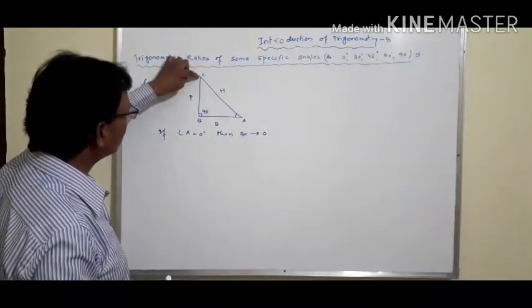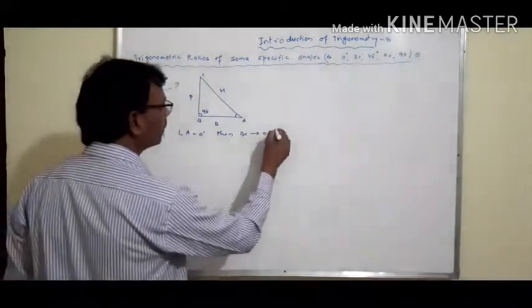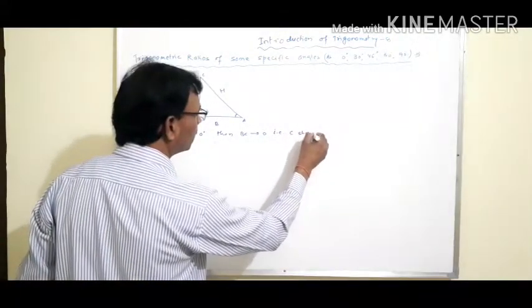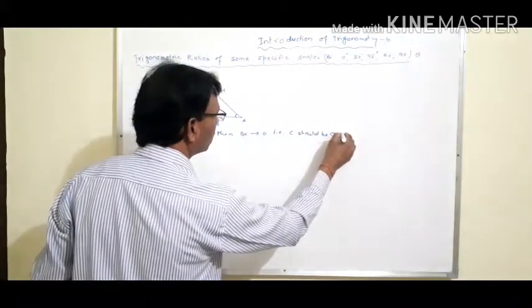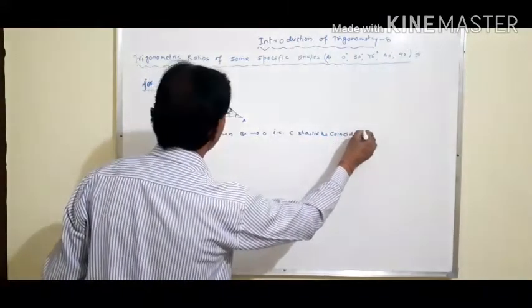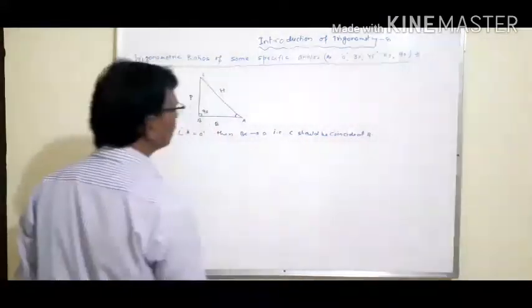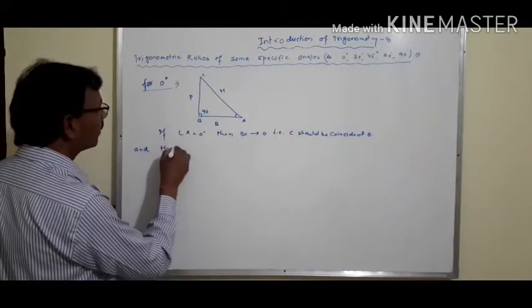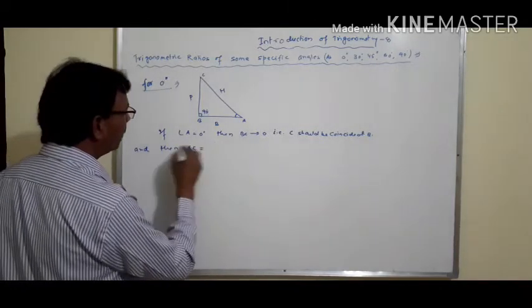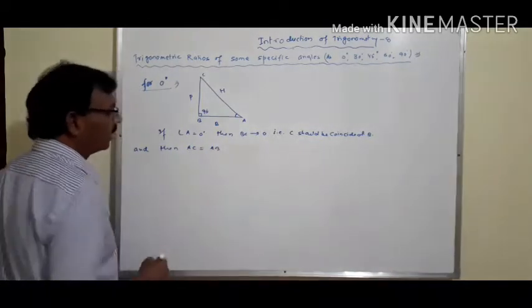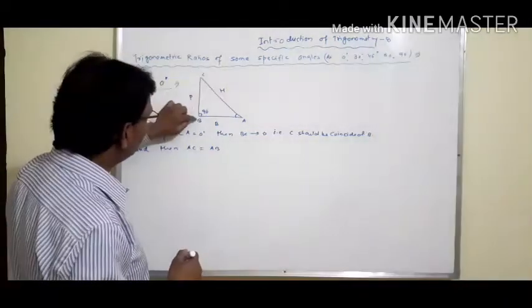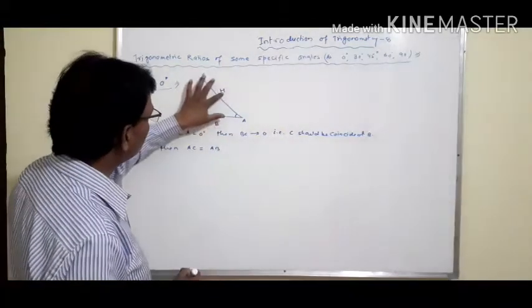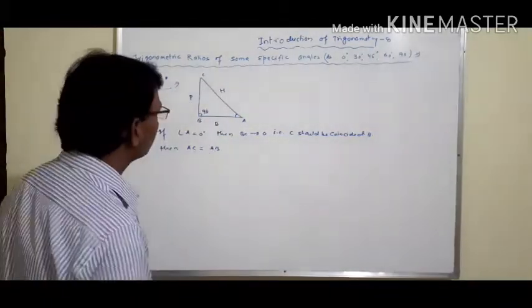That means C coincides with B, and then AC will be equal to AB. If C comes to B, then AC comes to AB and the lengths of AC and AB will be equal.